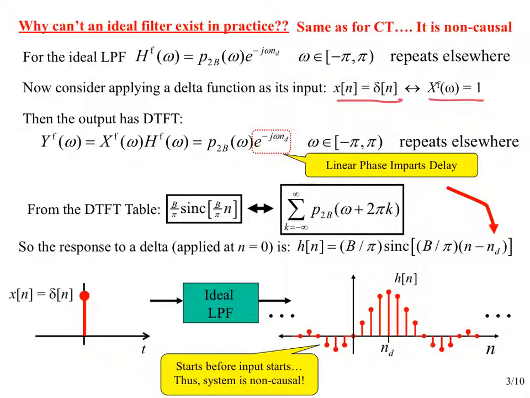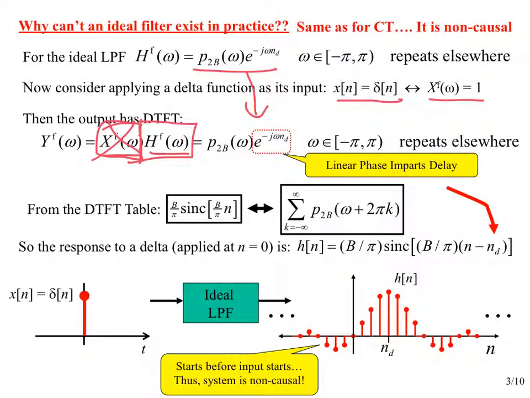For that input, our output will be the product of X times H. Well, X is just 1, so we don't even need it. It's just going to be the H function. So we take our H function and put it down here.